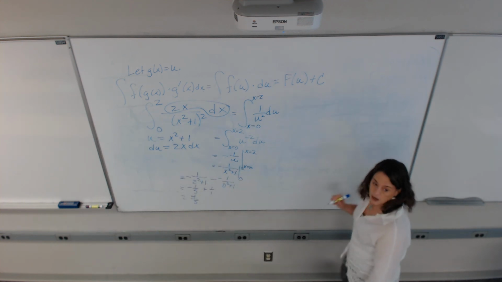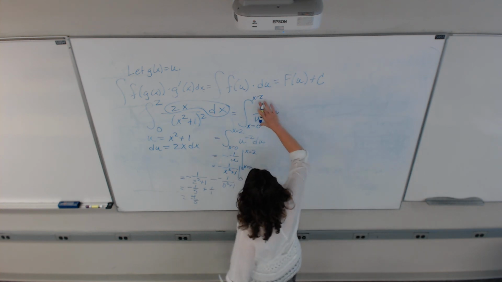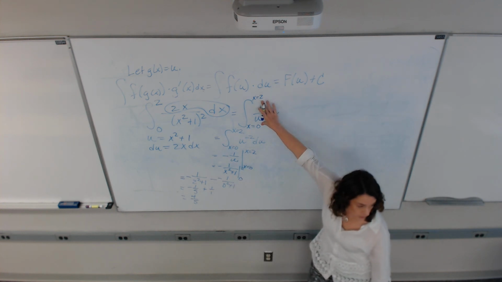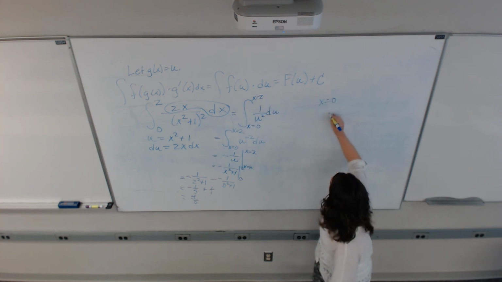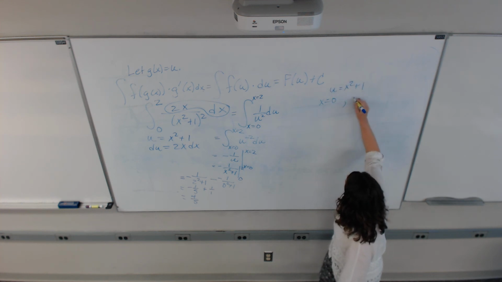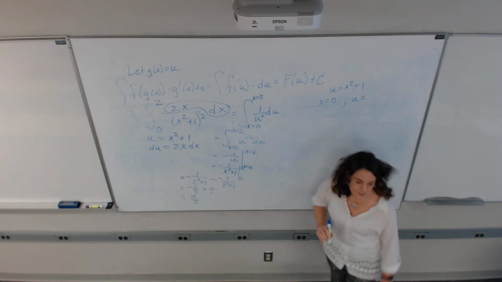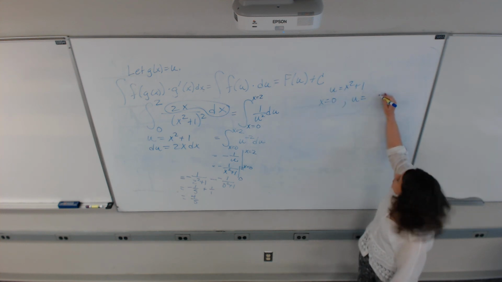Okay. Other way to do it. Ooh, wow, I'm out of time. Switch the limits of integration. Change them. If x equals 0 and u is x squared plus 1, what is u? Plug it in. What do you get? 1.